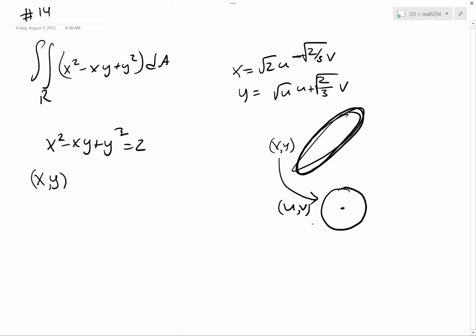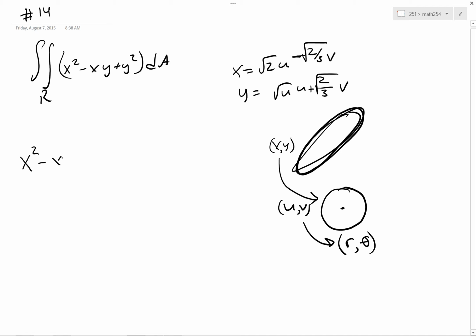And then because it's a circle, we're going to convert probably to r and theta, just to make it easier on ourselves. Now, the game is as follows. Well, we could do it that way first. I'll leave it that way.